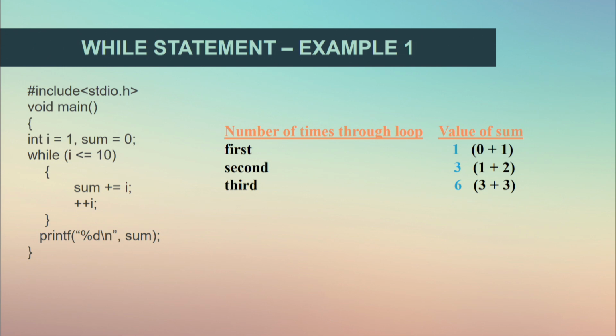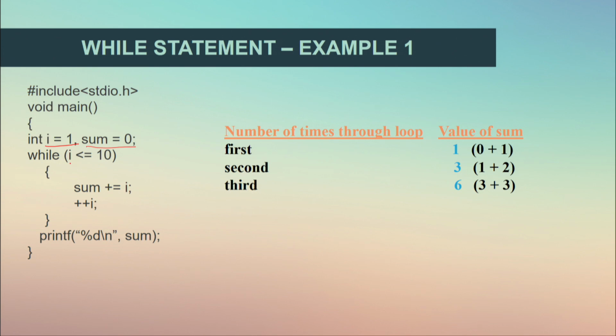We will see one example of while loop. In this case we are assuming that the value of i is 1 and the value of sum is 0. Here we can see that i is the control variable which is controlling the iterations of the loop.